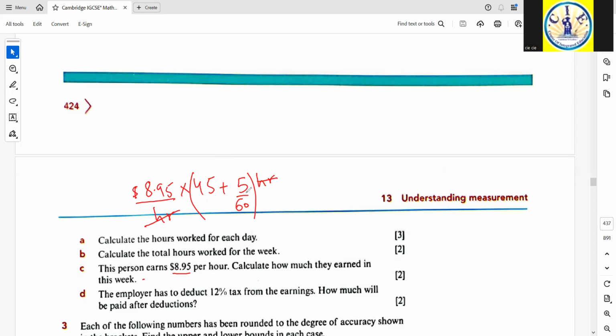You need to add 45 to that. 45.08 times 8.95, which is actually dollars 403.49, or we can round it off to 403.50 dollars.